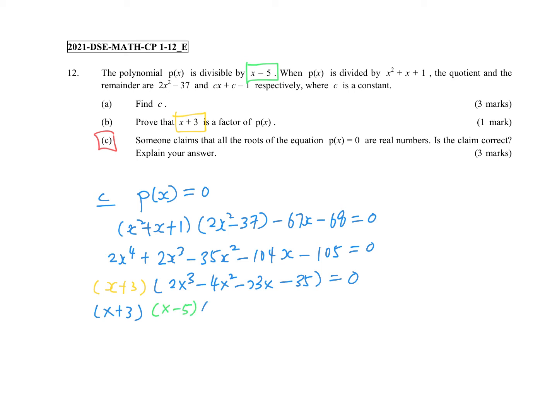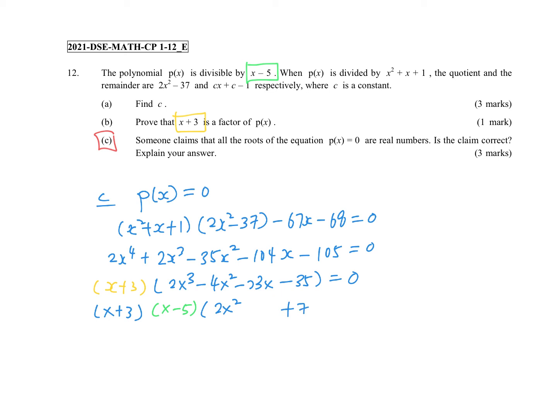So using this, let me demonstrate how to use comparing coefficients to handle it. So 2x squared, why? Because from the above it's 2x cubed, so 2x cubed can only be multiplied by x times the x squared term, so the remaining quotient's leading term must be 2x squared. And then negative 5 times what will equal negative 35, so of course plus 7.